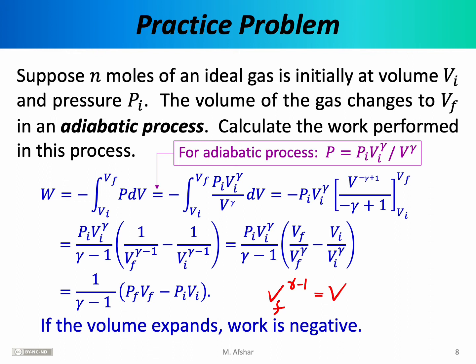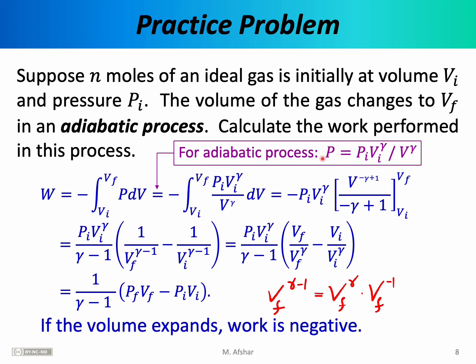We can write that as V final raised to the gamma times V final raised to the minus 1 power. V final raised to the minus 1 power can then be brought into the numerator, and so we can express this mess here a little more simply as shown here.